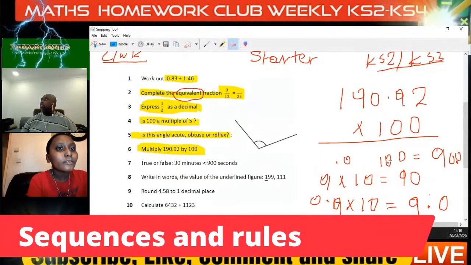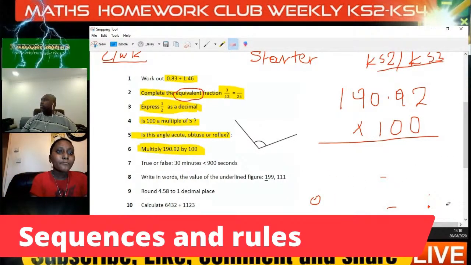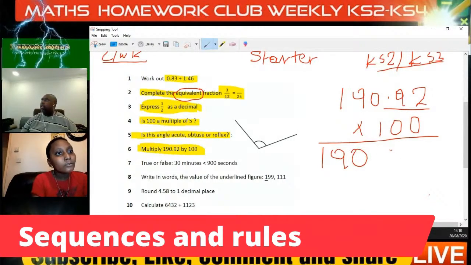If I clear this, let me establish something again. Watch this carefully. There are 2 decimal places here, and this is times 100. So I'm going to write out 190.92.